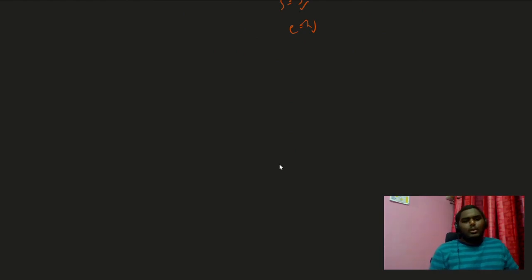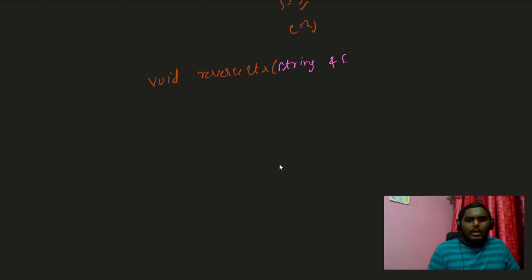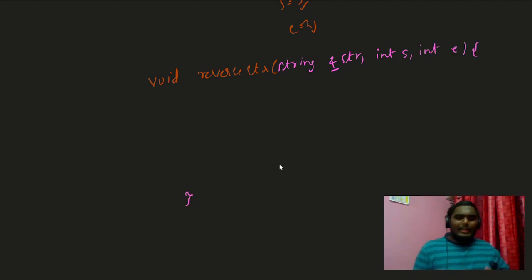So I'm assuming that I have a function called reverse a string. For that, my inputs are the string, and I use pointers, int s and int e. So first I need to check whether start is less than end or not.